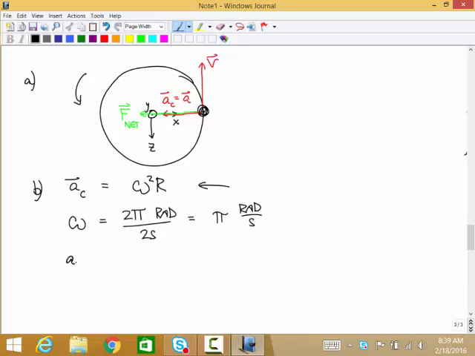And so the centripetal acceleration is equal to pi squared times r, which in meters is 0.1 meters. I'll just write this as 0.1 pi squared pointing this way.